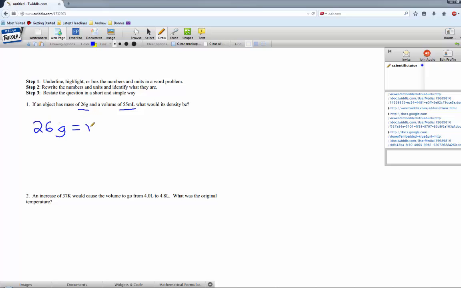Grams is a mass. 55 milliliters is my second set of numbers. 55 milliliters equals, identify what this is. It actually says it's the volume. Volume.